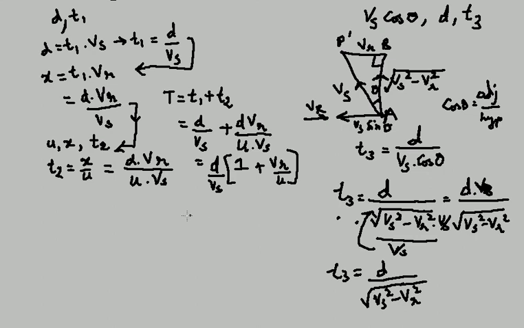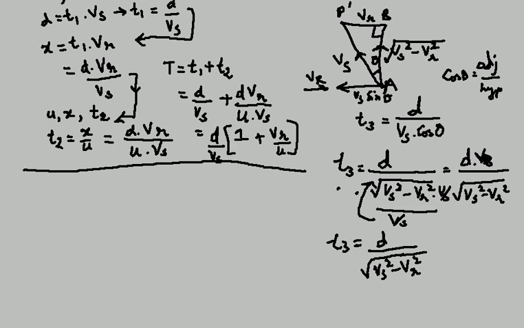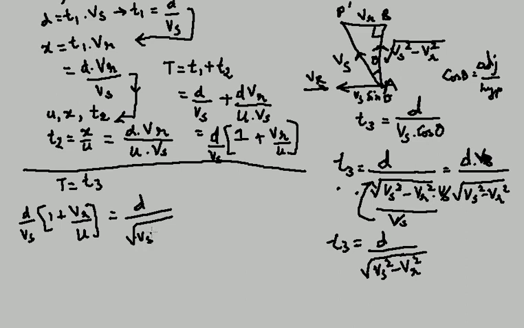Okay, now solving this particular problem, let's try to use this space. Since the total times are equal for both the people, t equals t3. So it would be d by Vs into 1 plus Vr by u equal to d by root over Vs square minus Vr square.